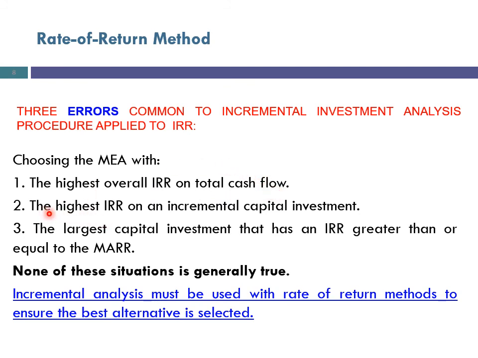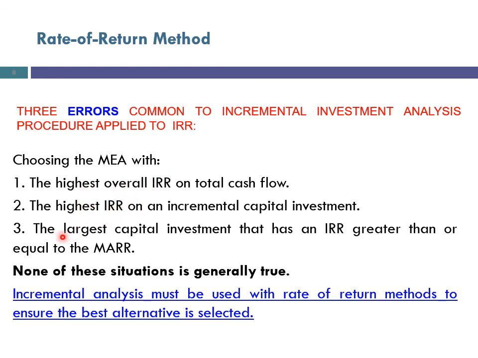Or the highest internal rate of return on an incremental capital investment. So you look at the difference between the projects and you select the one which has the highest IRR. It is not important whether the internal rate of return is higher or lower. You have to compare internal rate of return with MAR always.